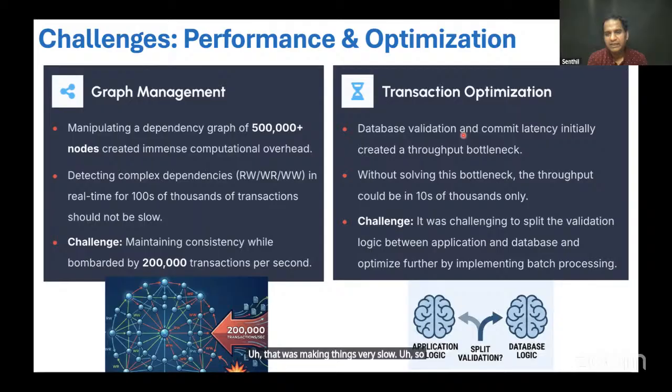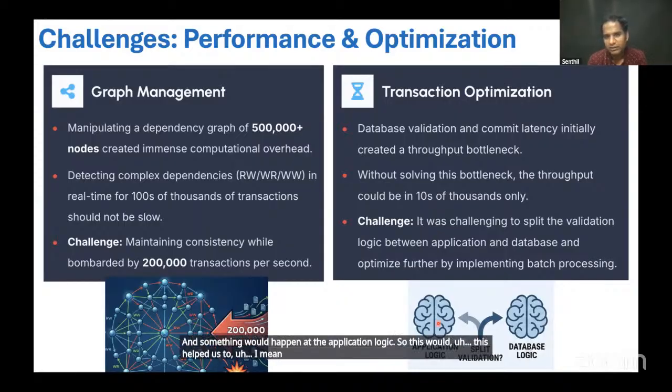So we decided that we can consider the happy path and optimize for the happy path. As a result, we divided the validation into two steps. Some validation happened within the database itself using stored procedures, and some would happen in the application logic. This helped us to remove the bottleneck that we had with the database.